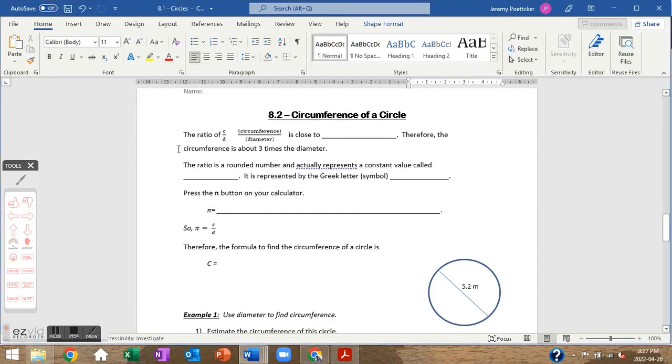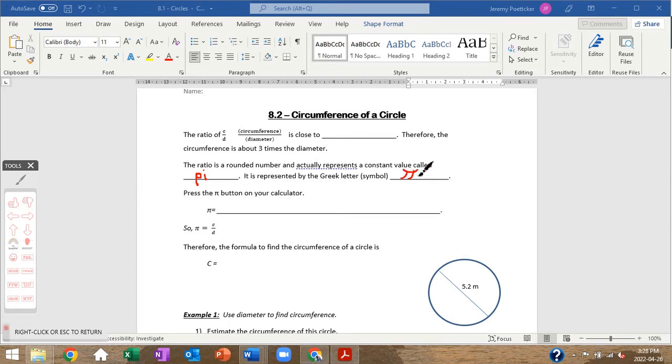It actually represents a constant value called pi. This is not the kind of pie that you're going to go home and eat. It stands for a Greek letter. Pi is how we spell it, not P-I-E. That's the kind you eat. Pi is the kind we use in math. So pi, represented by the Greek letter, which is a symbol. And I'm going to try to draw this nicely.